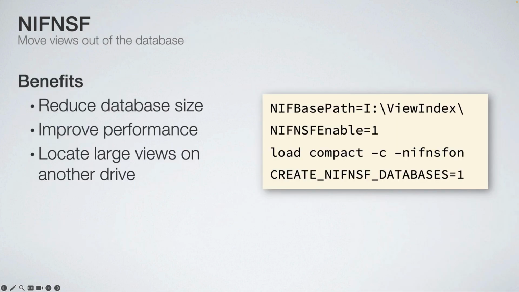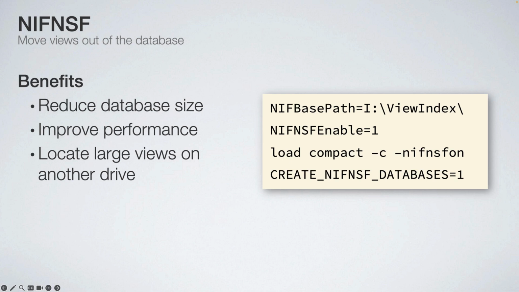I mentioned NIF NSF, how you can move node index files out of the NSF. If you search it in help documentation, search for NIF NSF, and I put the most important commands and notes.ini parameters into the window. You specify where you want to store indexes, some separate disk drive, some separate volume.